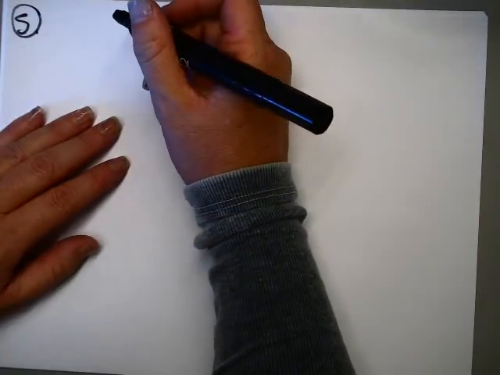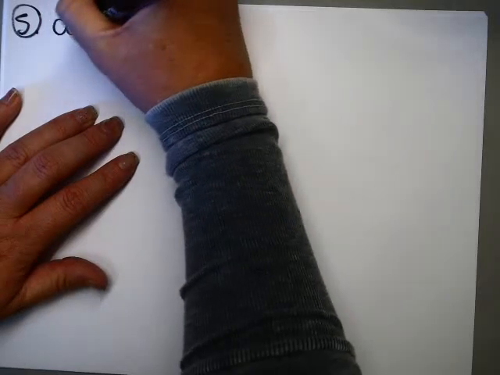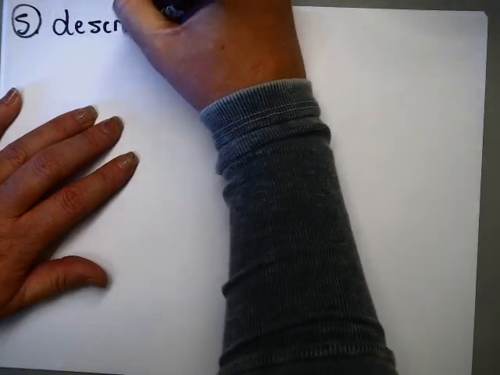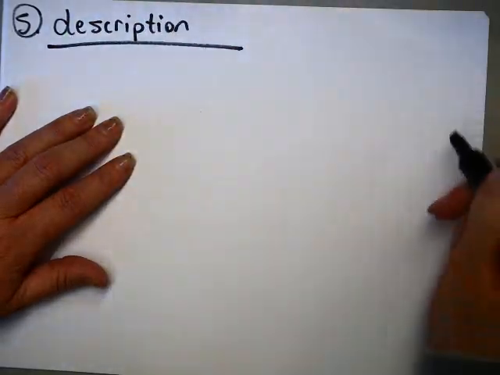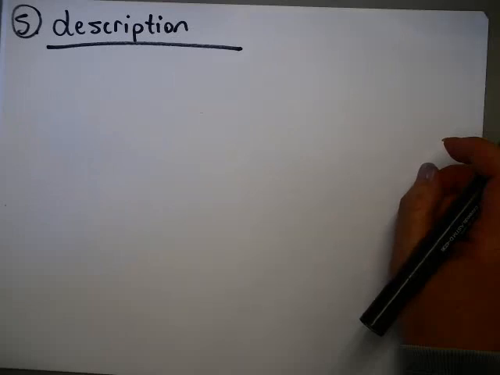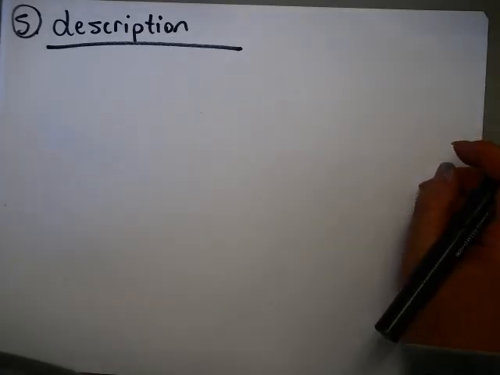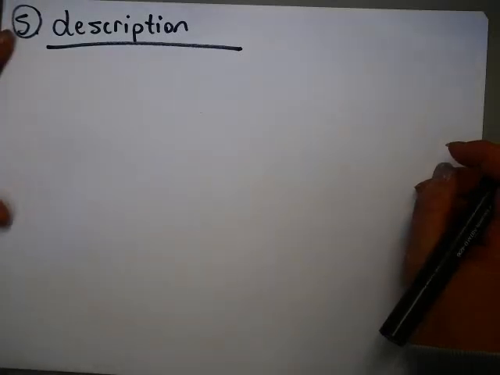Number 5 is going to be one called description. Okay, description's a lot like some of the others, but it stands out in several ways. First off is that it's about one particular topic, and it's all the characteristics, the features, the examples of that particular topic.